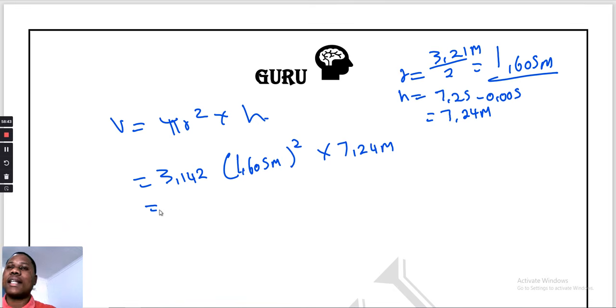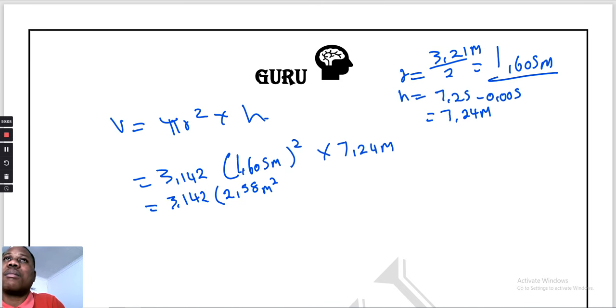Okay, that is equal to 3,142 into 1,605 to the power 2. That is going to be rounded off, as it has a lot of decimals, to 2,58 meters squared.